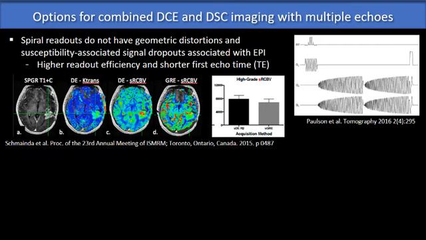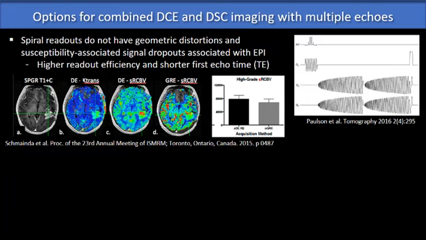For example, in this patient, this is a conventional EPI. It's not that they don't have any blood volume in this part of the brain, it's that the EPI had a lot of signal dropout and they weren't able to quantify rCBV up here. We see that with their spiral acquisition, they were able to quantify rCBV in that area. That's a real advantage.